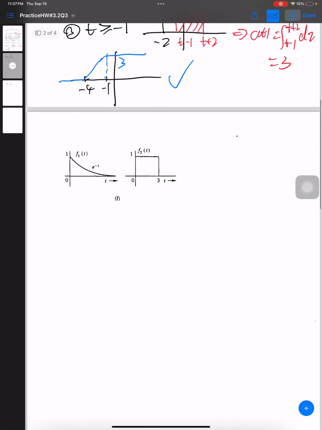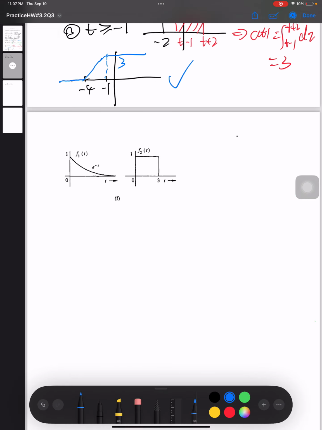And the next question is the same as this first one. It's just two different equations. We still do step 1, we fix f1(tau).